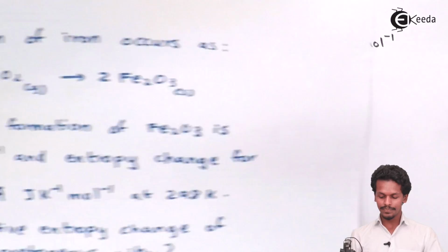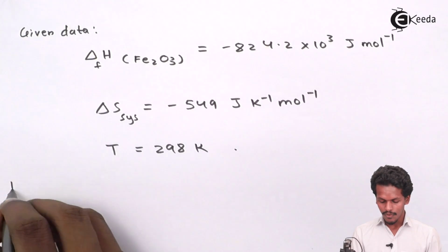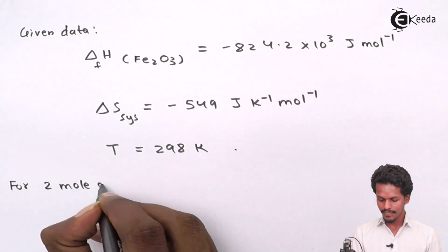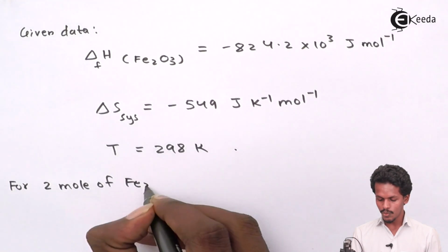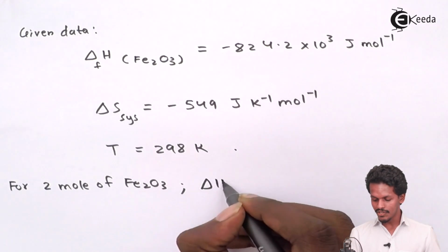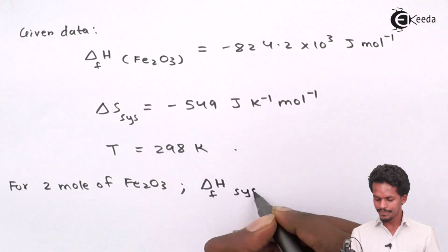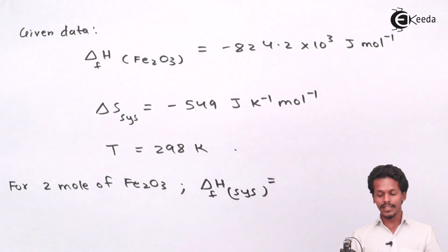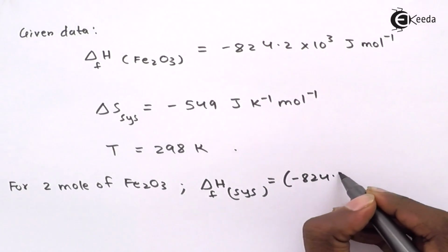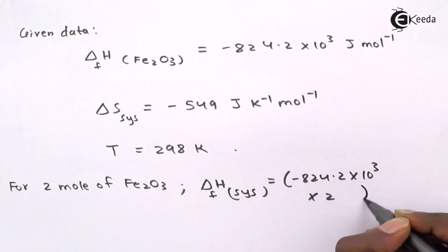So for 2 moles of Fe2O3, the delta HF, or here we could say for the system, will be minus 824.2 into 10 raised to 3 multiplied by 2.